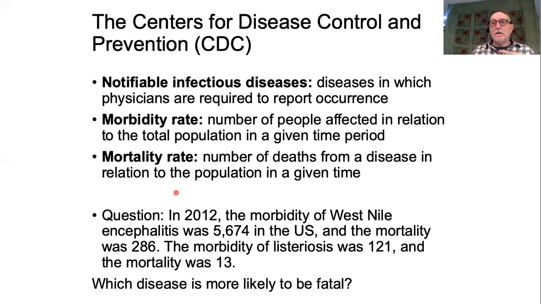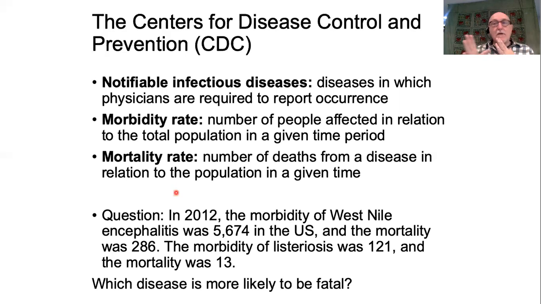And the CDC then compiles all of the statistics. They determine a morbidity rate, number of people affected in relation to population for a particular time period, and they will compute the mortality rate as well.